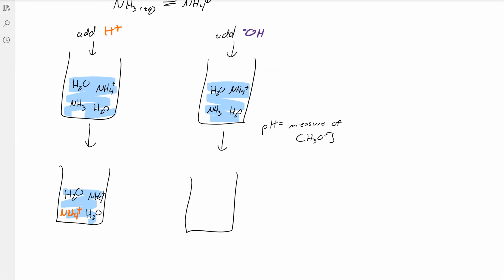Whenever we add this hydroxide, this NH4 plus is going to donate a proton to it, and then that just becomes a molecule of water, which again doesn't change the concentration of H plus, and then we just have two NH3s. So again, we haven't changed the concentration of H plus, or in this case, OH minus, which would then affect the concentration of H plus.